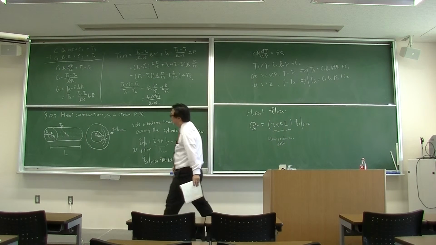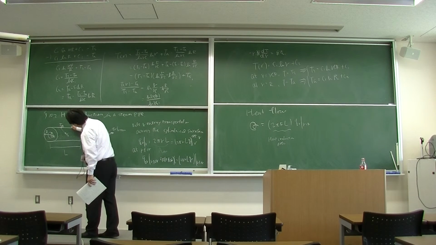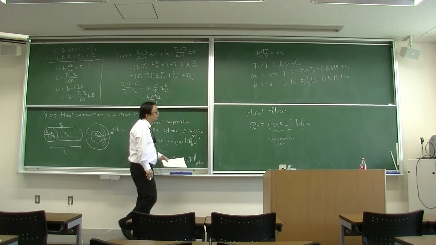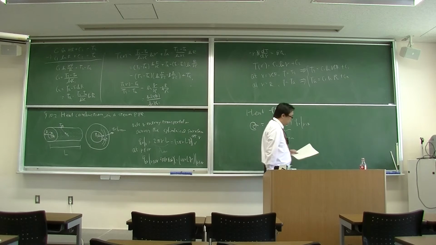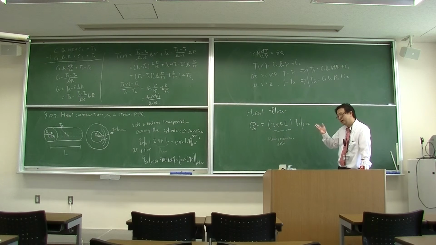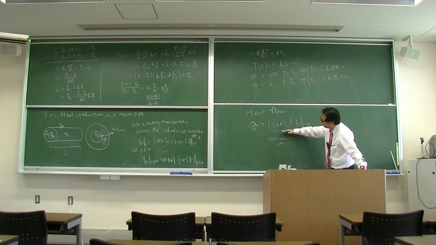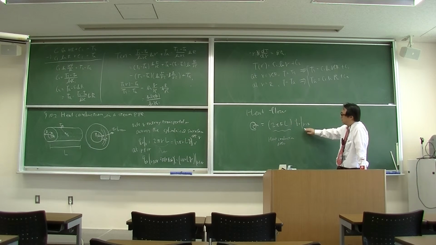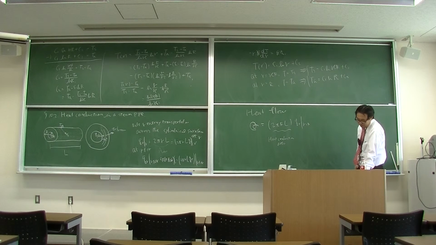Okay, this point. So the heat flux is very useful. If you multiply by the heat conduction area, you can know the heat flow. So this is a simple equation: heat conduction area and heat flux. So we already know the heat flux.